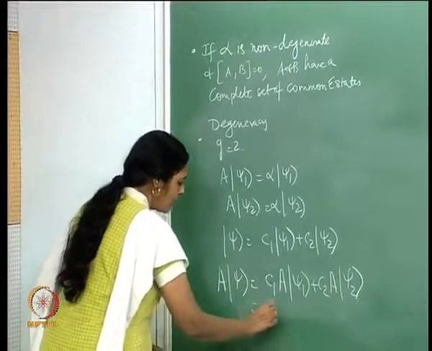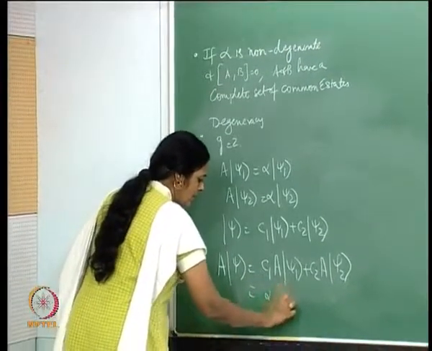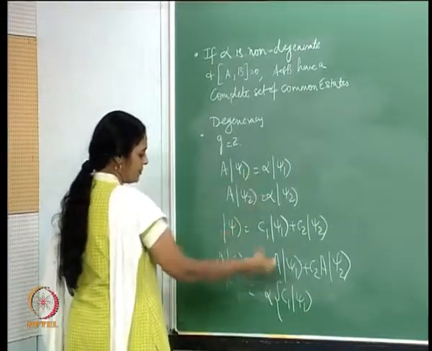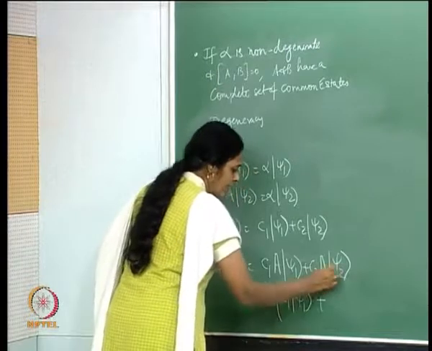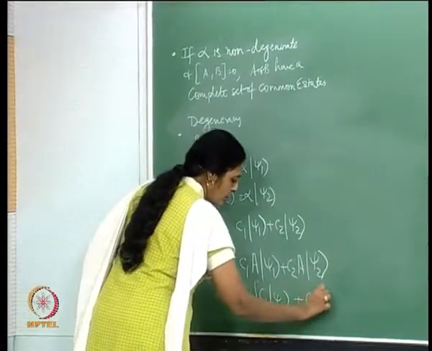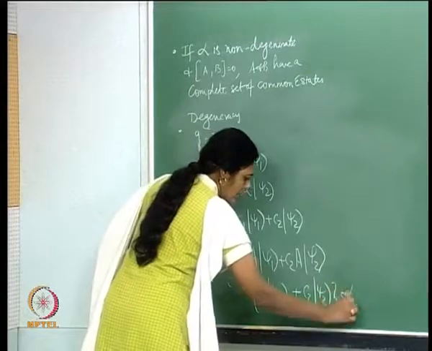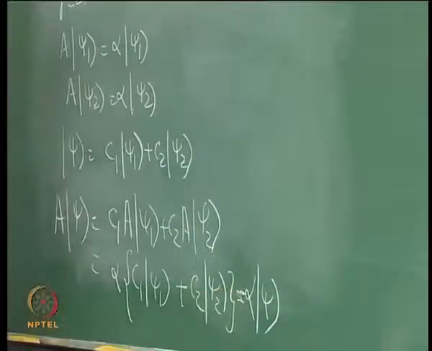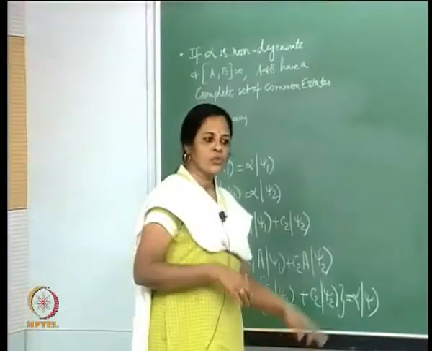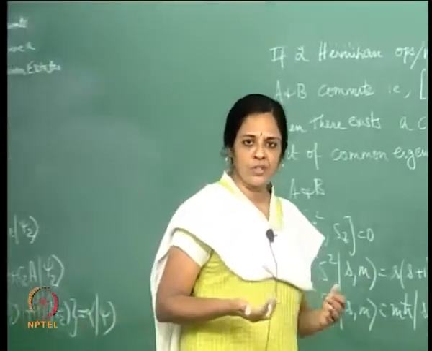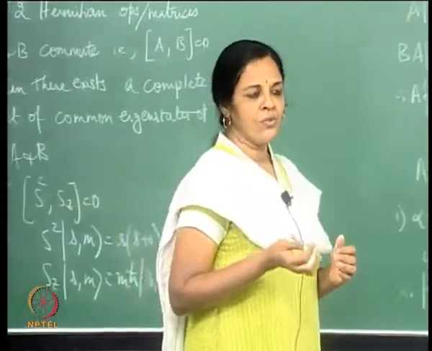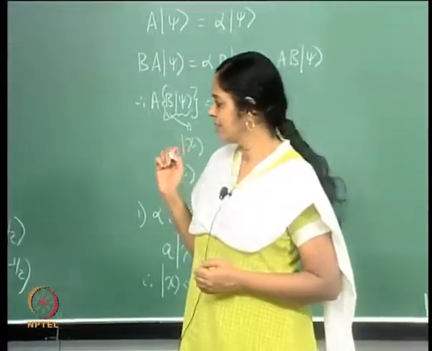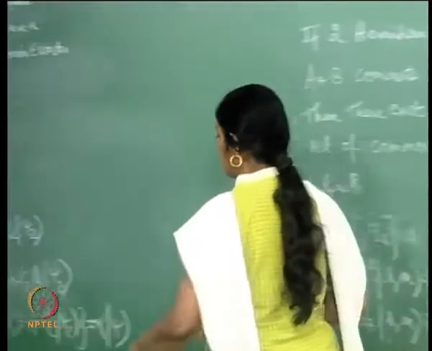That is the same as alpha C1 psi 1, because A psi 1 is alpha psi 1, and similarly A psi 2 is alpha psi 2, therefore I have C2 psi 2, which is alpha psi. So any arbitrary linear superposition of psi 1 and psi 2 is also an eigenstate of A with the same eigenvalue alpha. Now let us look at B.